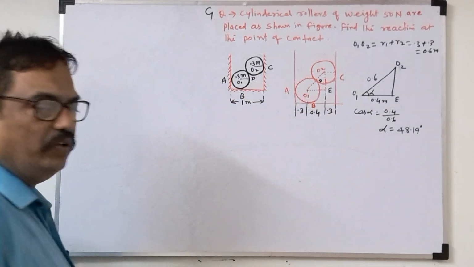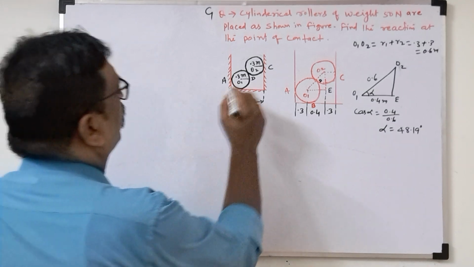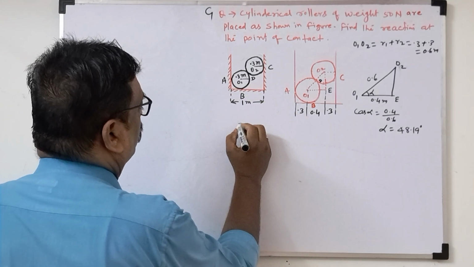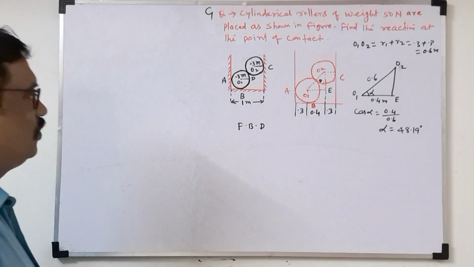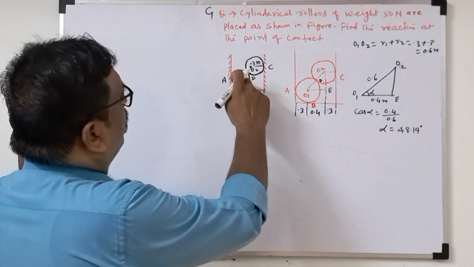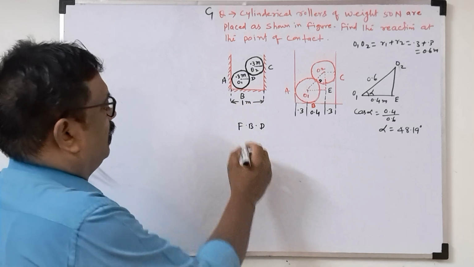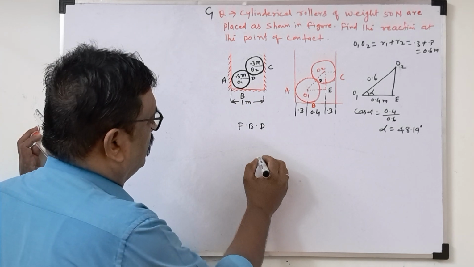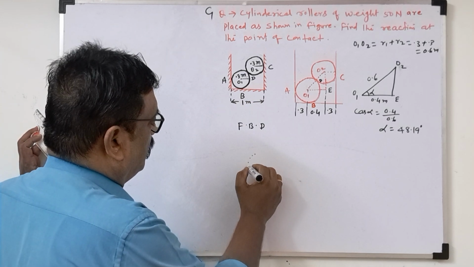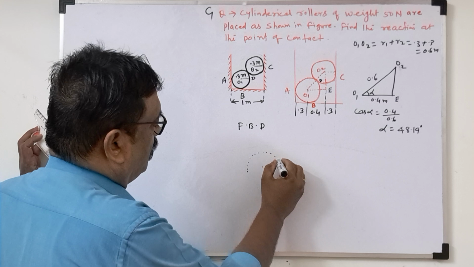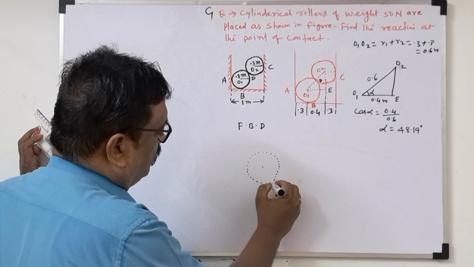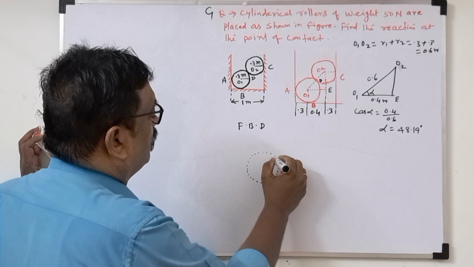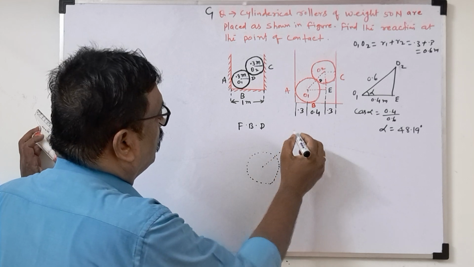Now what will we do? We'll draw the free body diagram. That is very important in a diagram like this. So how do we draw the free body diagram for both circles? We take the centers and draw the circles like a rough diagram, freehand.